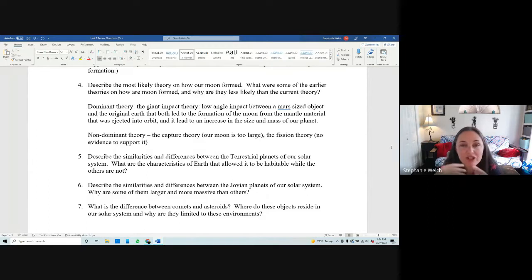So we've never really seen any process like that happening. You'd have to have something like an insanely fast rotation of our planet and some kind of other secondary force to actually make material be ejected from the surface of the Earth and coalesce in orbit. So it's sort of one of the more kind of crazier theories, just because you don't really have any kind of supporting evidence for it.